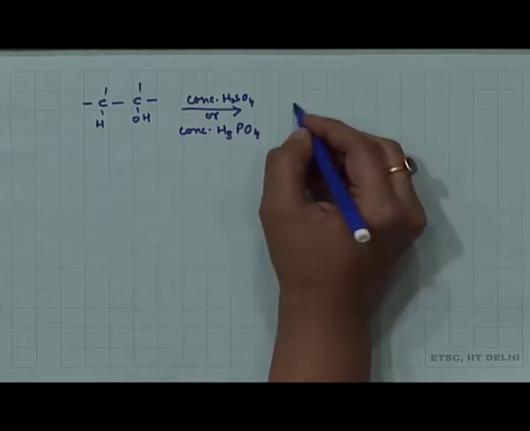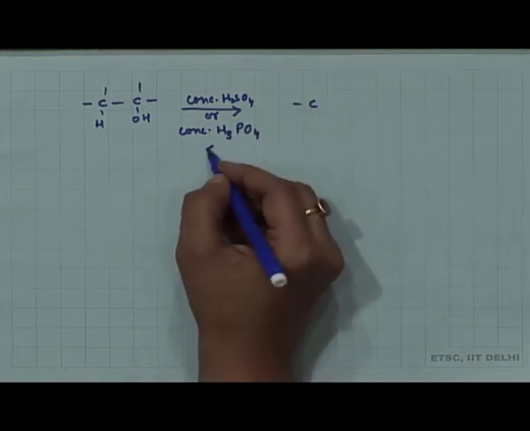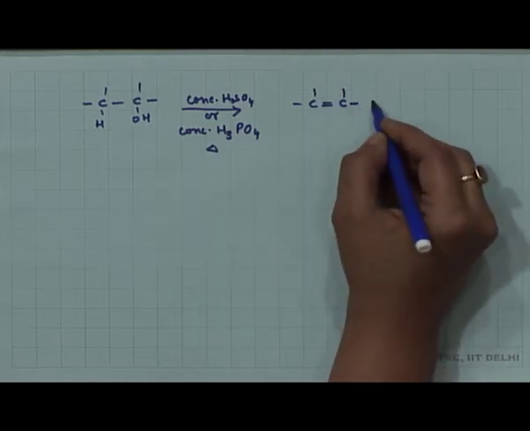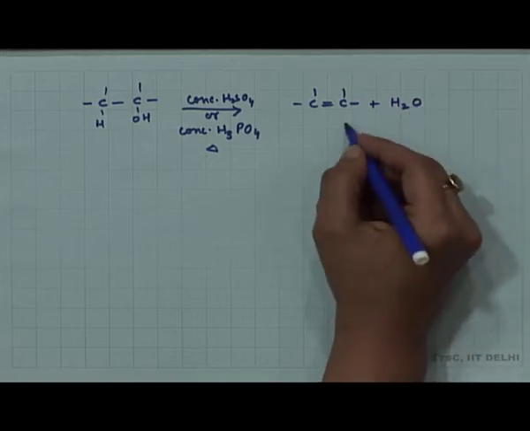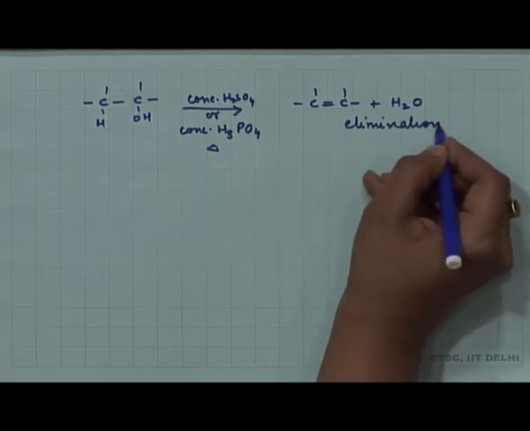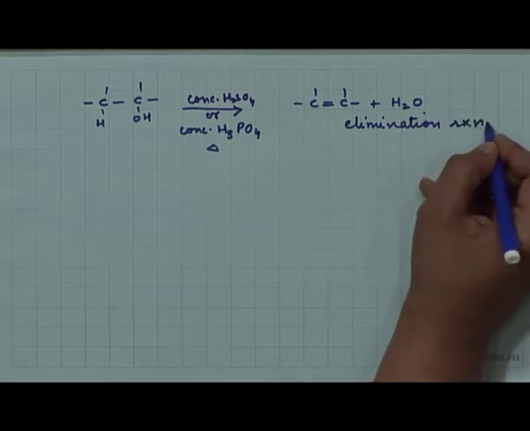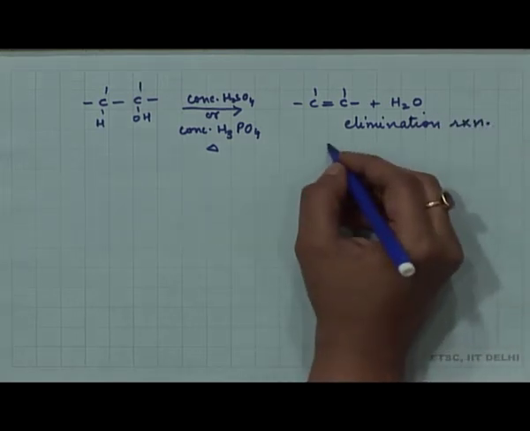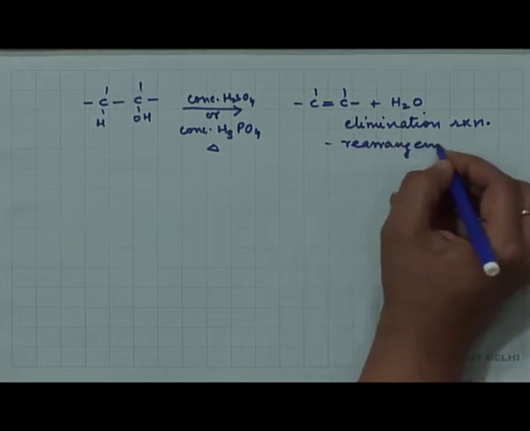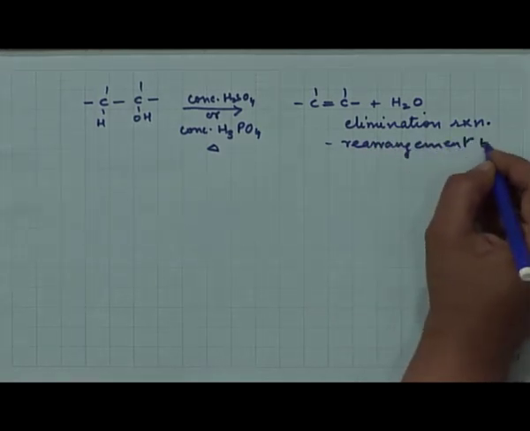So, these are the dehydrating agents, and you heat it. This reaction is nothing else but a type of elimination reaction of an alcohol, and this can involve a rearrangement if it goes via the E1 pathway.